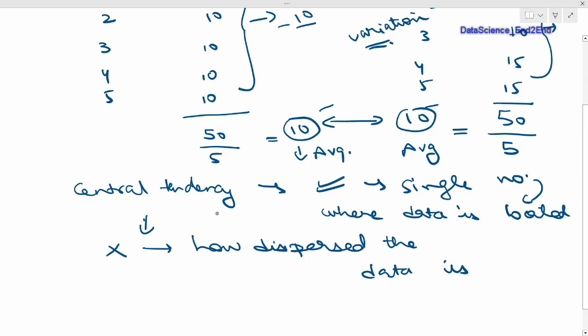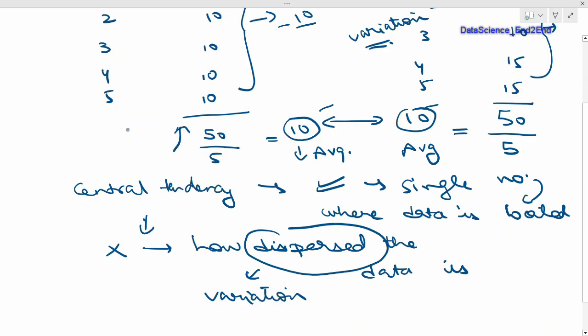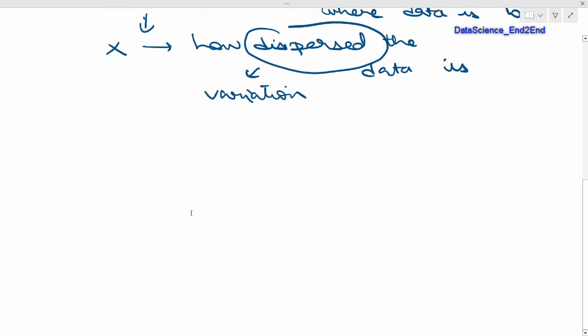When I say dispersed, I am basically saying how much variation there is in the data. Because in the first case, there is zero variation, while in the other case, there is some variation in the data. So the measures of central tendency don't answer all these questions.